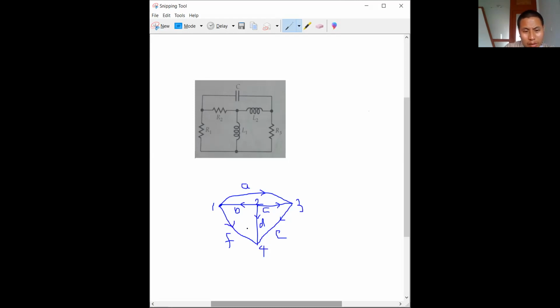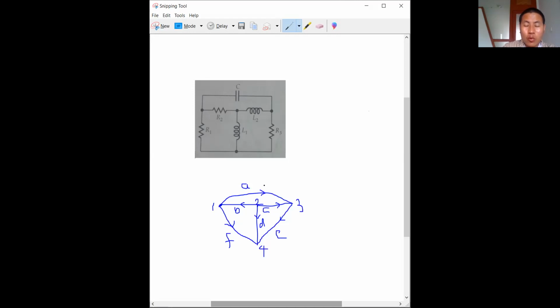Now after this, it becomes the directed graph. When there is no arrow, it's called the undirected or unoriented graph. After giving the arrow, it is called a directed graph.